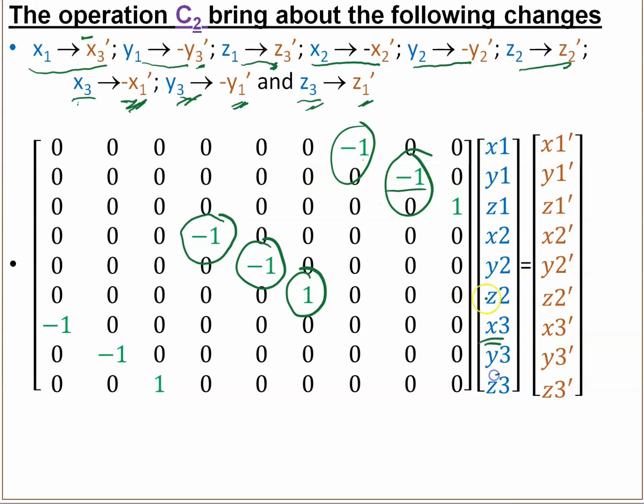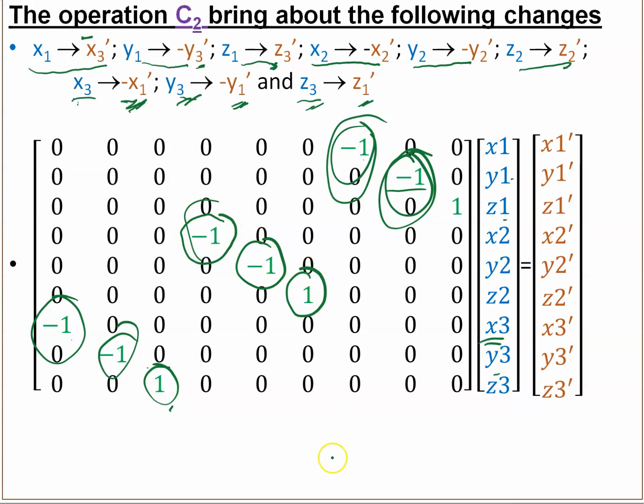Y1 is equal to minus y3. So these characters come here, not on the diagonal. Similarly, x3, y3, z3 transform as x1, y1, z1, therefore these come here. Only x2, y2, z2 come on the diagonal. Therefore, the character of C2 is equal to minus 1.